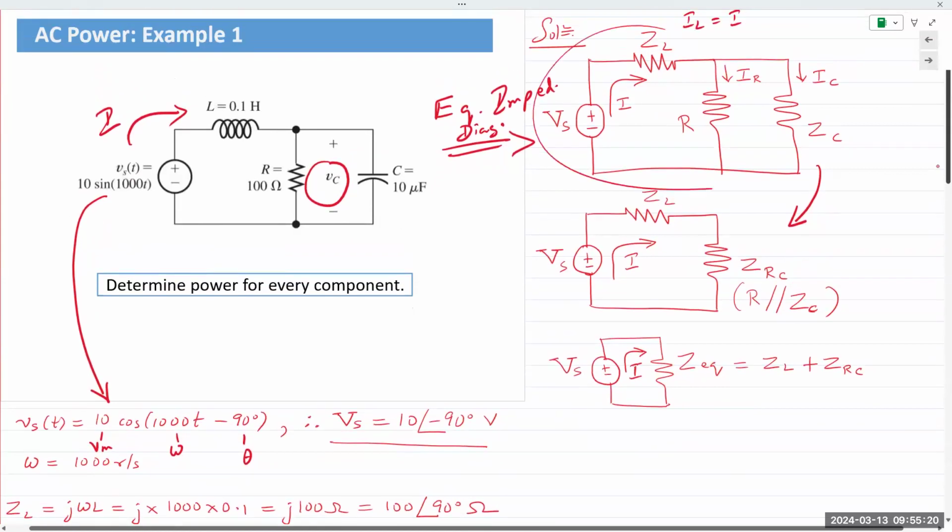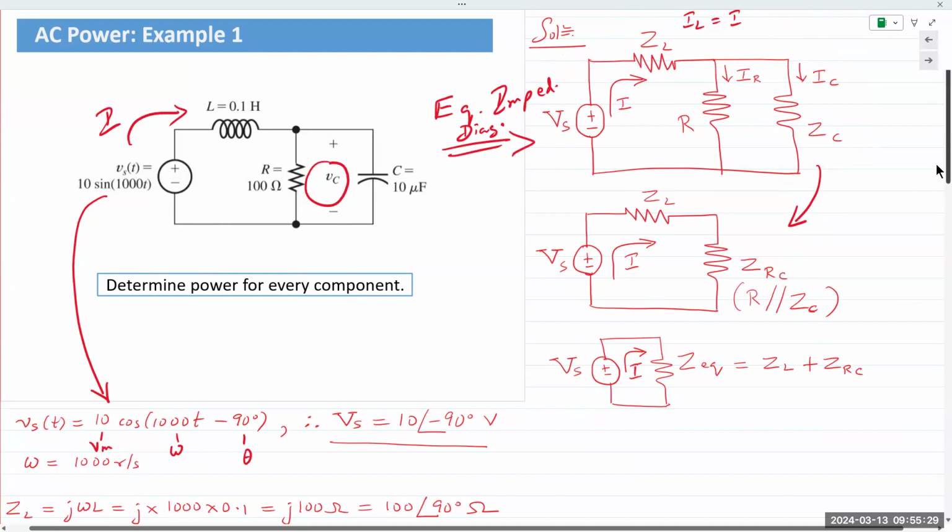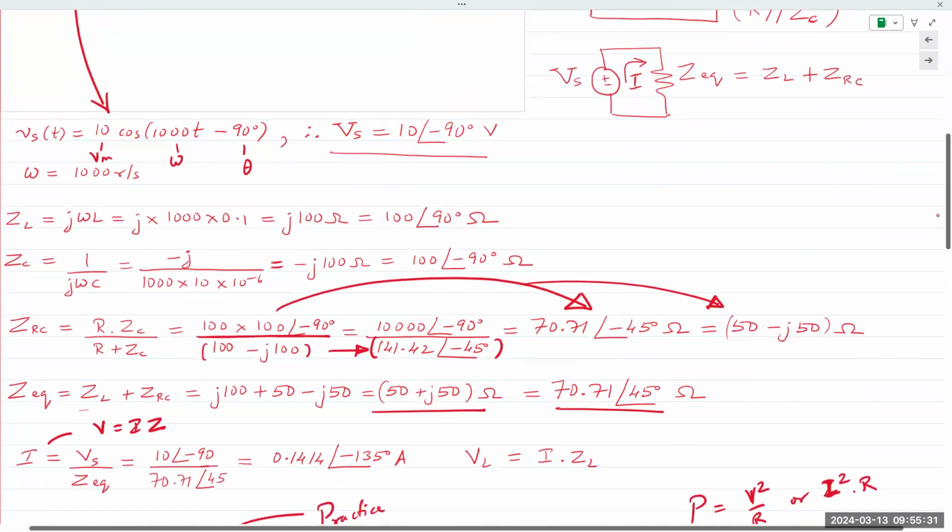So we reduce the circuit. We first drew the equivalent impedance diagram, reduced the circuit to one single equivalent impedance, and found the total current I by applying Ohm's law, using ZL, ZC, and total ZEQ.